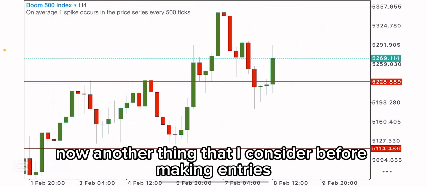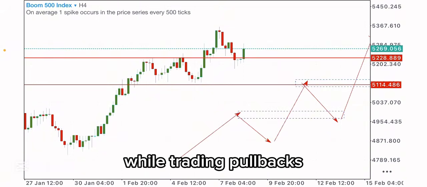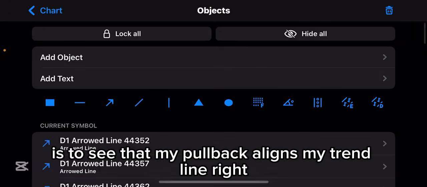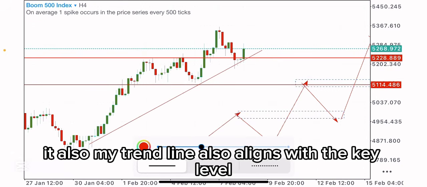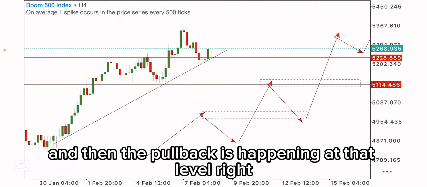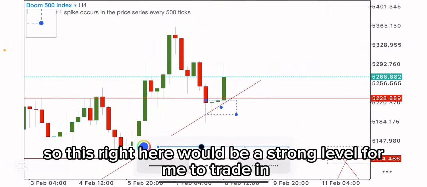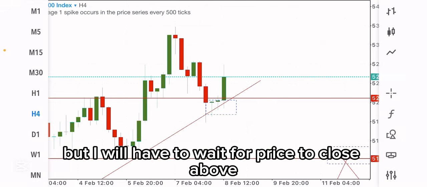Now, another thing that I consider before making entries while trading pullbacks is to see that my pullback aligns with my trend line, right? My trend line also aligns with the key level, and then the pullback is happening at that level. So this right here would be a strong level for me to trade in, but I will have to wait for price to close above.